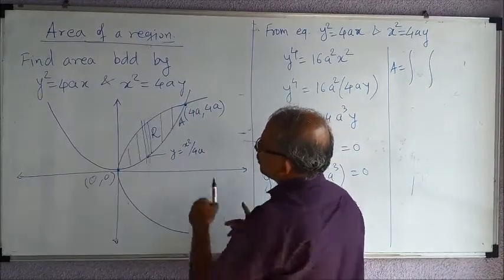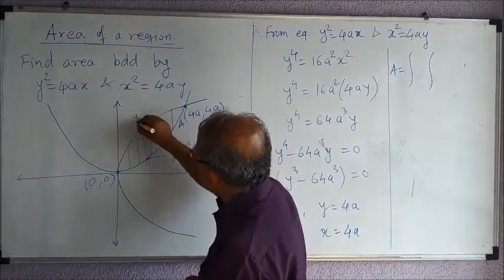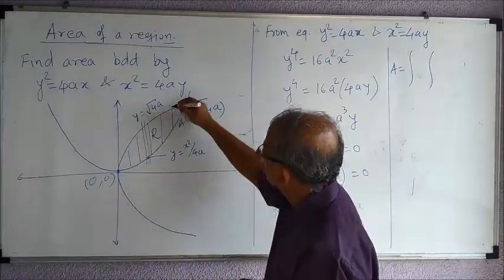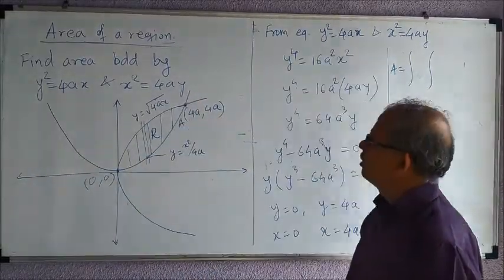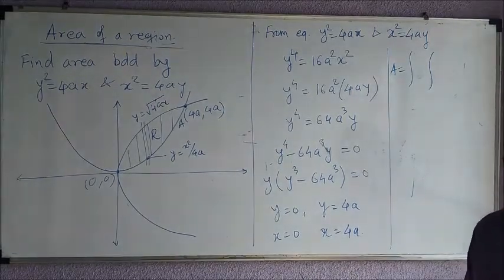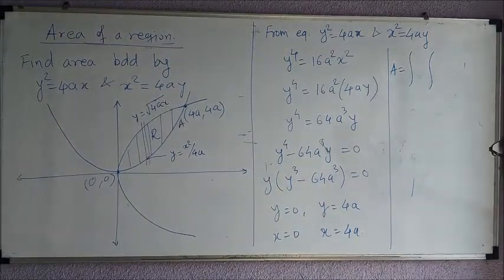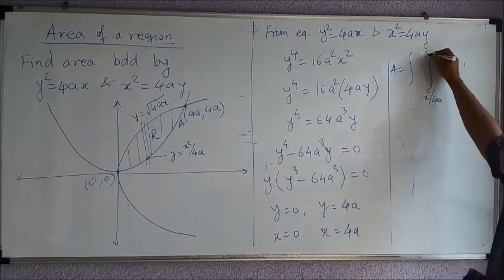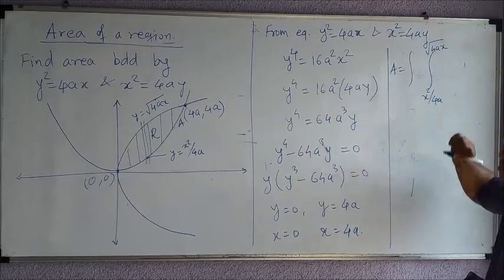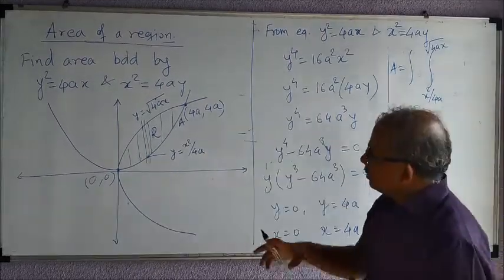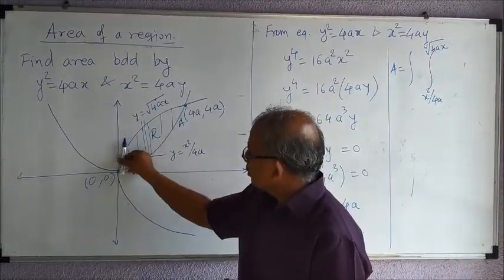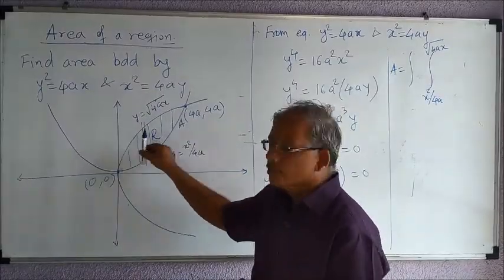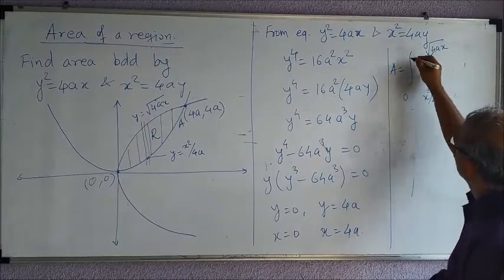And to the upper end, it intersects y is equal to under root 4ax. Right? Okay. So I'll put these limits over here: x square by 4a to under root 4ax. And then I slide this pen to cover this region, so it's from 0 to 4a.